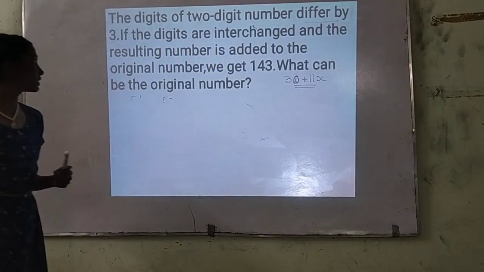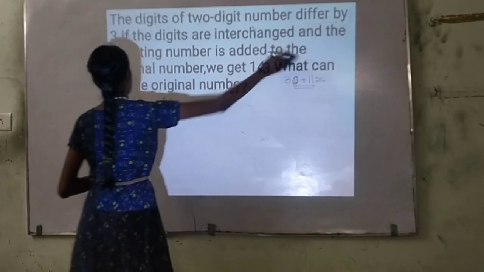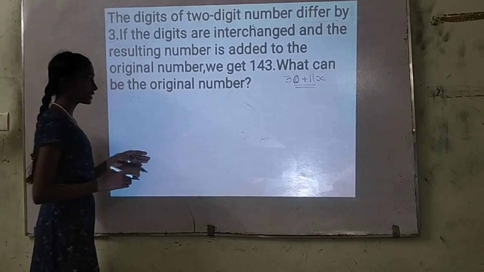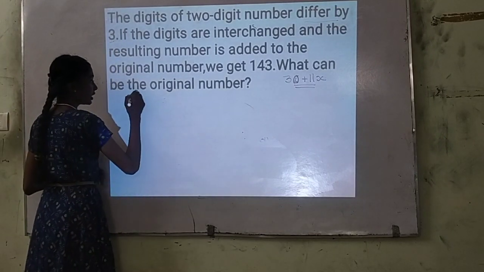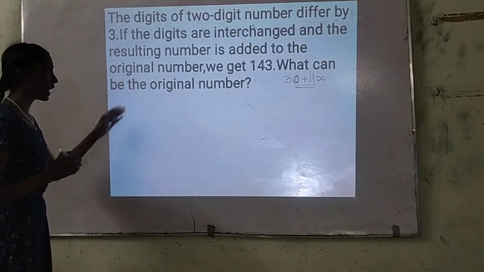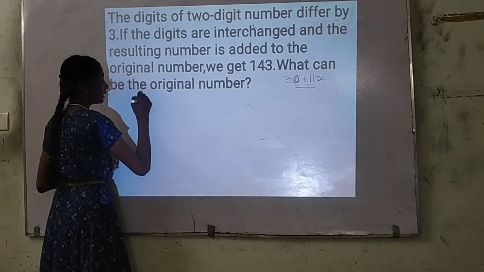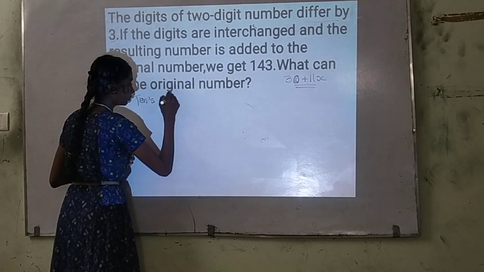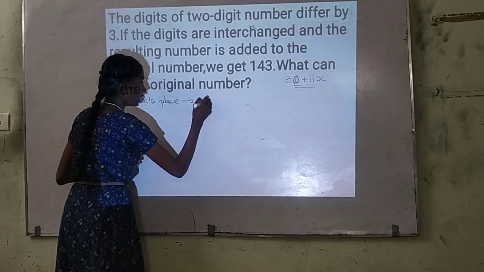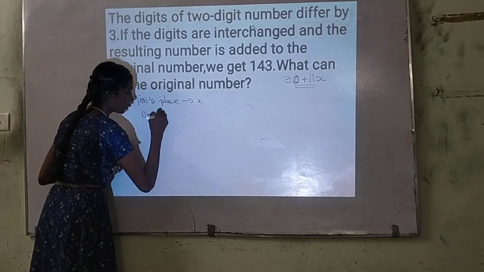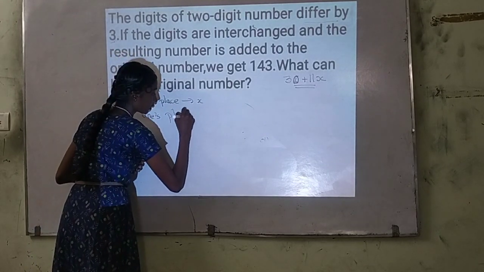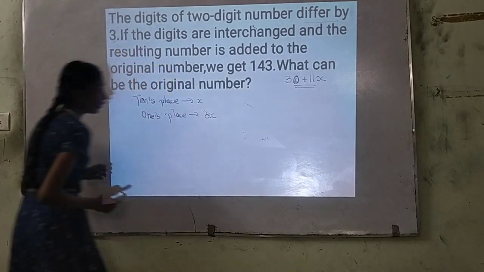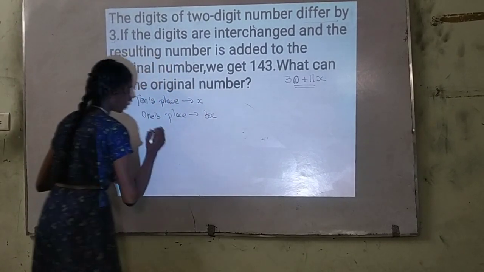Then the second condition is given that the digits are interchanged. What do you mean the digits are interchanged? The ones place goes to the tens and the tens place goes to the ones. Here, in the last case we have seen that x is in the ones place. Here the x would be in the tens place, and in the ones place it would be 3 plus x. As before, let me expand this one.